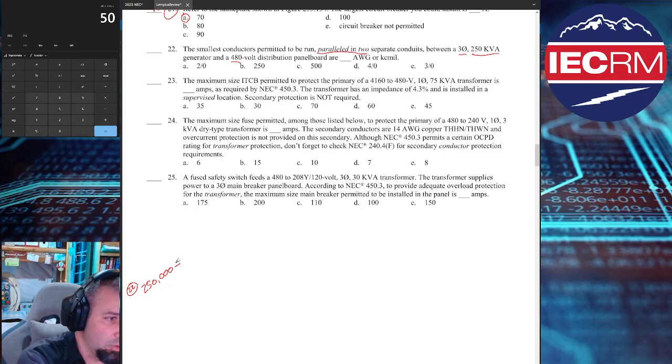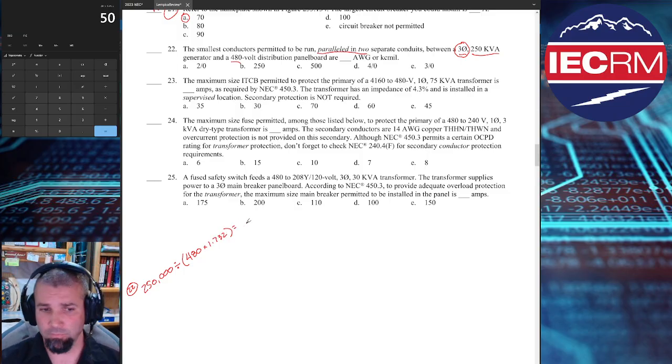And then we are just going to Ohm's law this out, okay? I'm going to divide that by 480, and since I'm in 3-phase here, times 1.732. Just a little Ohm's law, nothing crazy. 250,000 multiplied by 480 times 1.732, and hit equals.